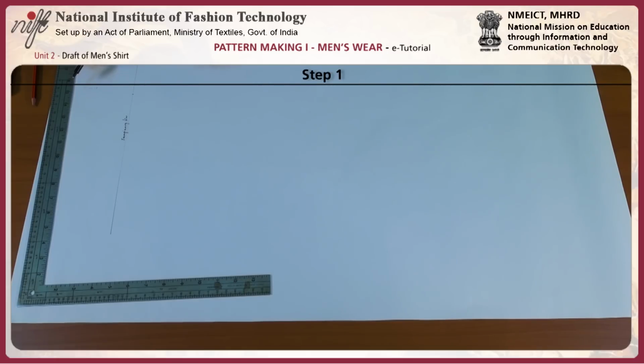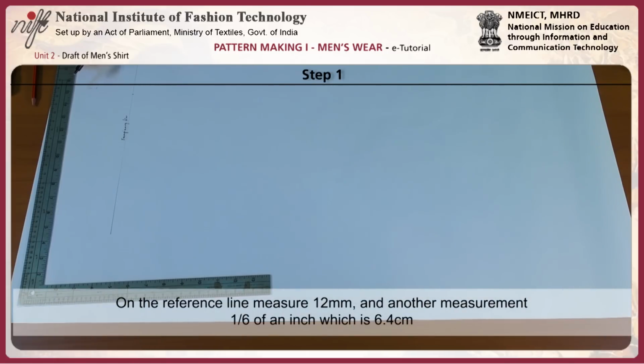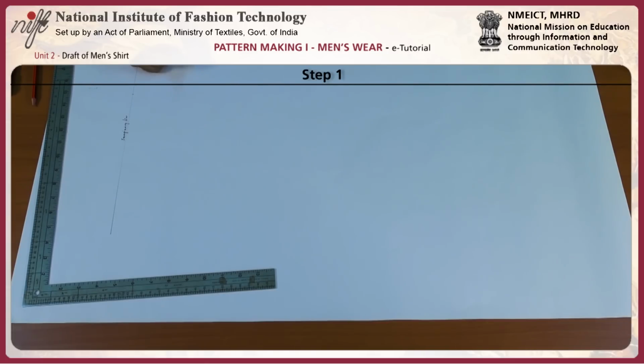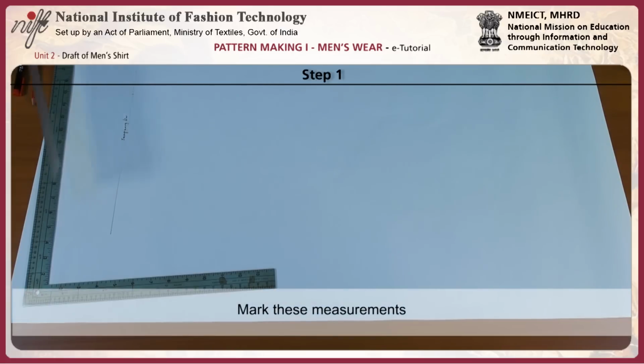Then on the reference line measure 12 millimeter, and another measurement 1/6 of neck, which is 6.4 centimeter. You can mark it with a clear cross mark.